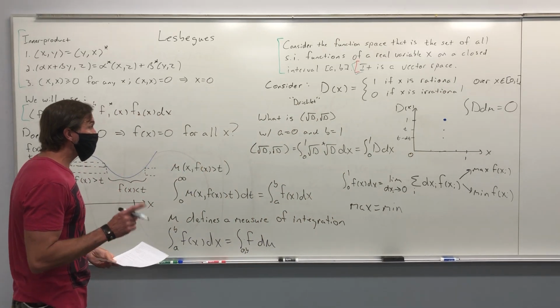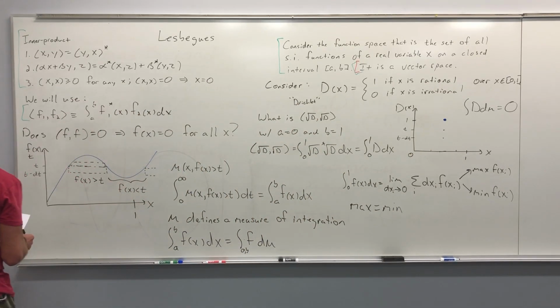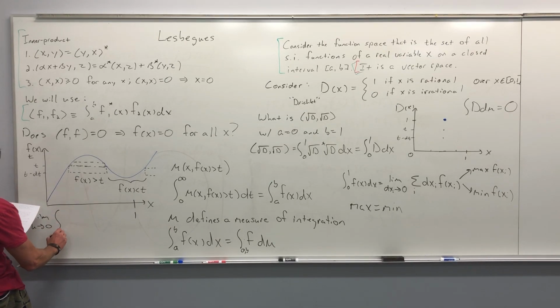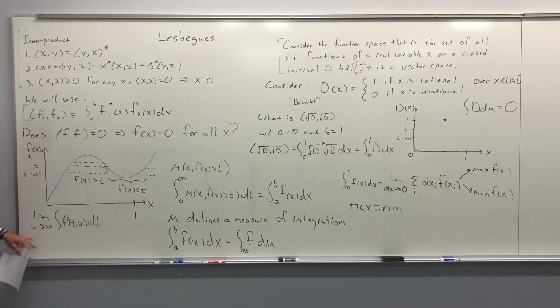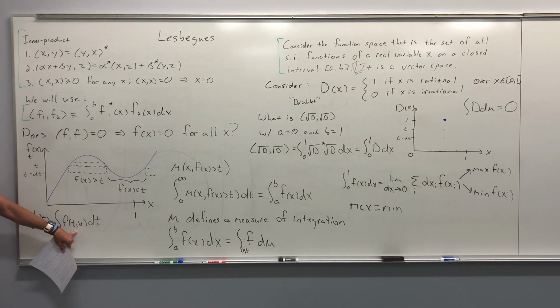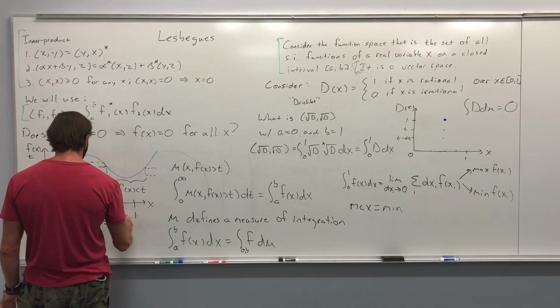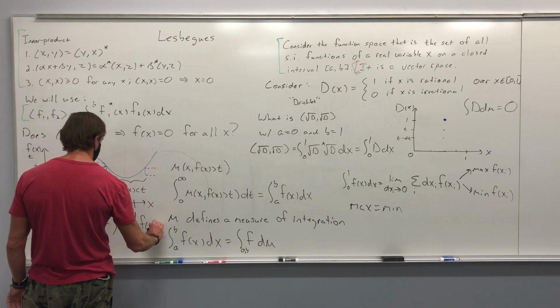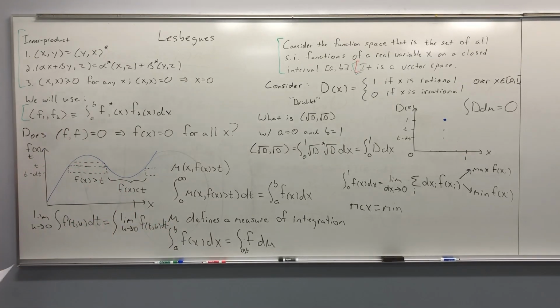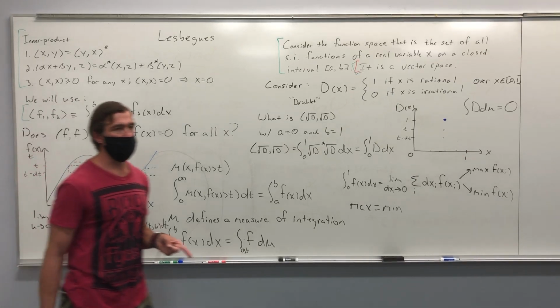Now, the Lebesgue integral is actually quite nice for a couple of reasons. One of which is if I consider the limit as u goes to 0 of the integral over t of a function of t and u, I can actually freely interchange the limit and the integral if I'm working with a Lebesgue measure.